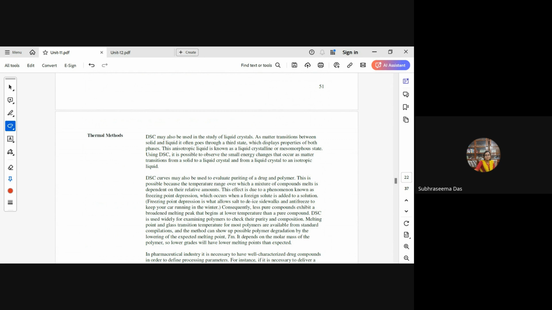Using the DSC technique, it has been possible to find the small changes that occur as matter transitions from solid to liquid or from liquid to crystal. So this is how DSC is used in the study of liquid crystals.